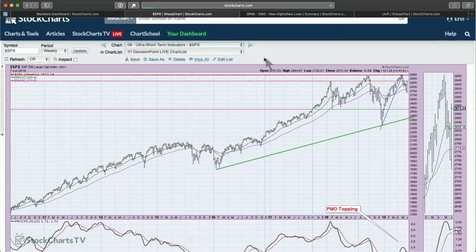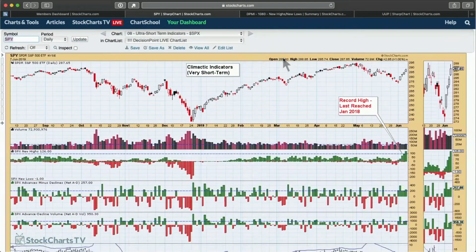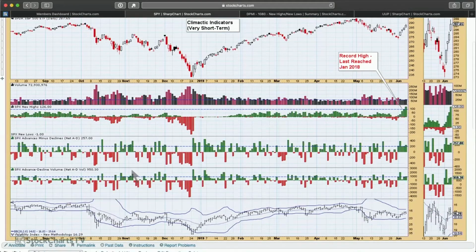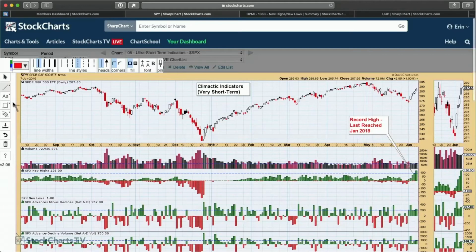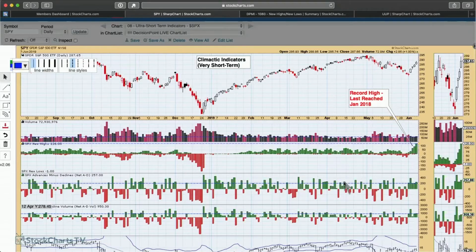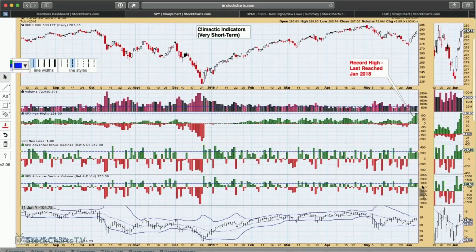All right, let's look at these indicators. The ultra short-term indicators have been quite interesting. I was wondering what it would look like today, because before the show we didn't actually have these final numbers, but look at the new highs. We're not getting quite the climactic readings I would have expected on breadth, as far as the advances minus declines and the advancing minus declining volume.